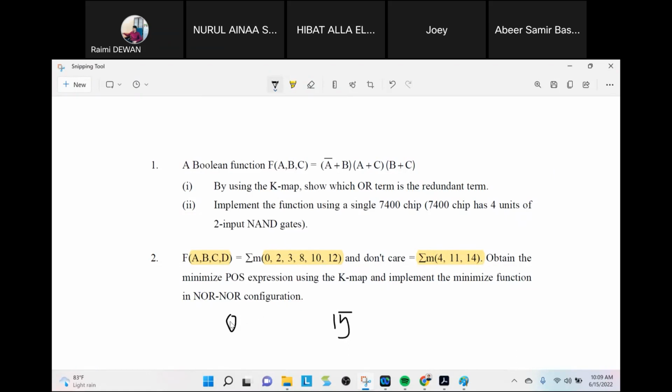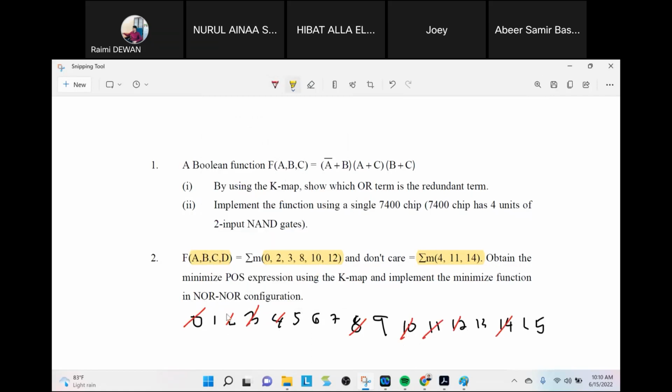So 0, 1, 2, 3, 4, 5, 6, 7, 8, 9, 10, 11, up to 15. So it is other than 0, 2, 3, 8, 10, 12, and then don't care 4, 11, 14.